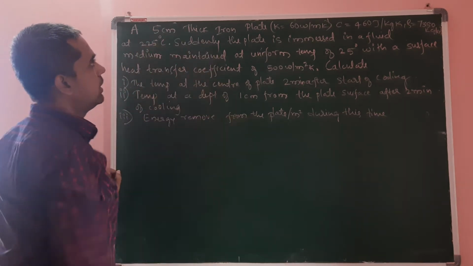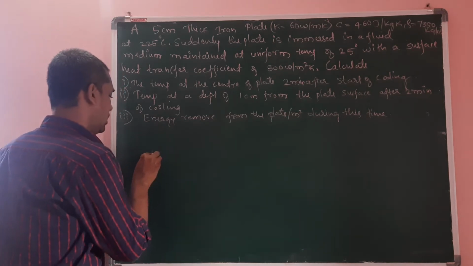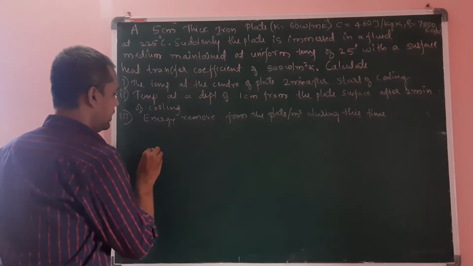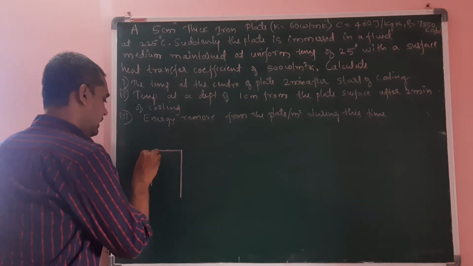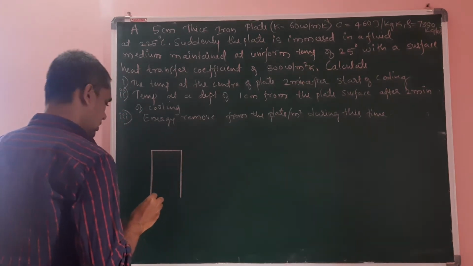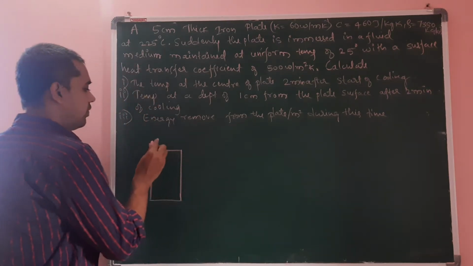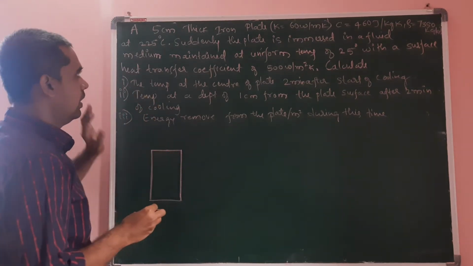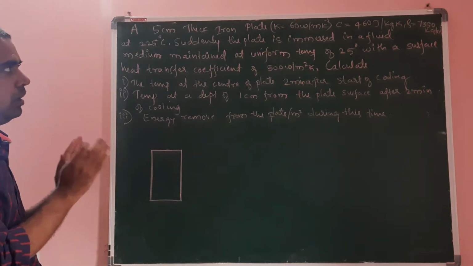A 5 centimeter thick iron plate is there, whose thickness is 5 centimeter. I will take that as 2L.